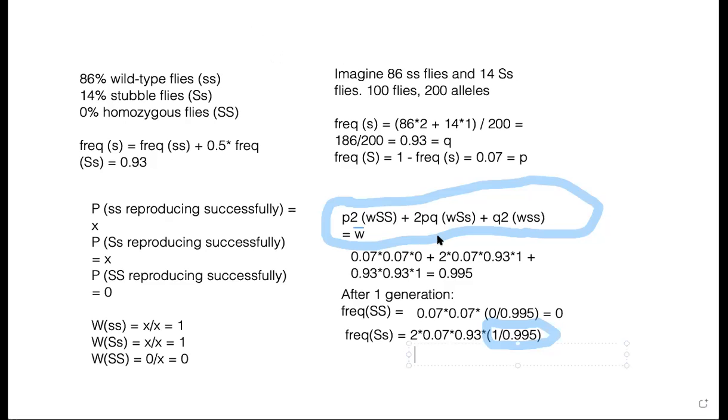So that quantity is equal to 2 times 0.07 times 0.93 times 1 over 0.995. If anybody feels like plugging and chugging, you can type it in the chat if you don't feel like talking.